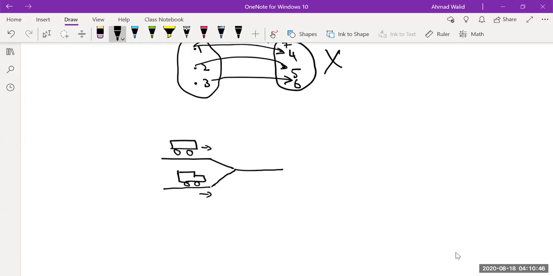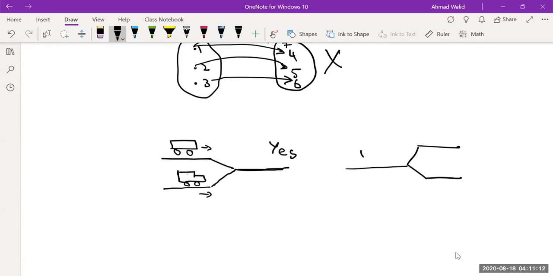Can both of these cars go at the same time to this road? The answer is yes. Remember, when you merge 2 freeways, the other cars are coming and you are merging into the same freeway and you go together with the other cars. It is possible.